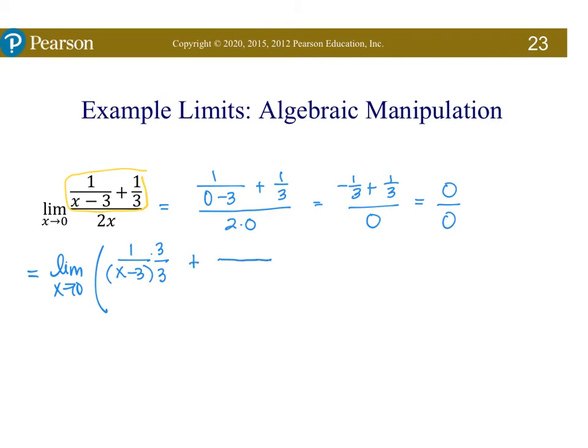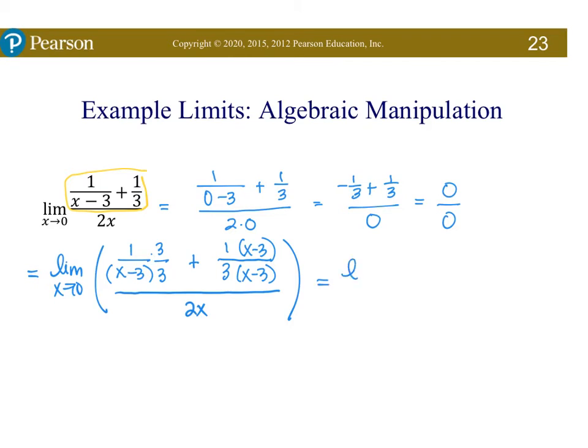The 1 over 3 needs the denominator x minus 3 over x minus 3. All of this is over the original denominator, 2x. So I'm getting a common denominator to help me out.